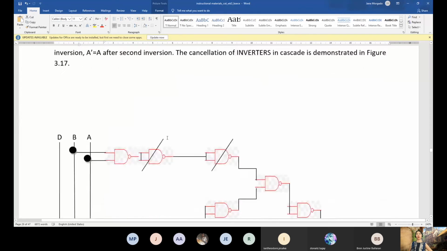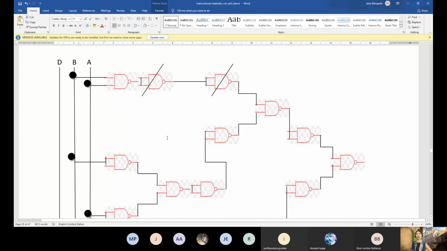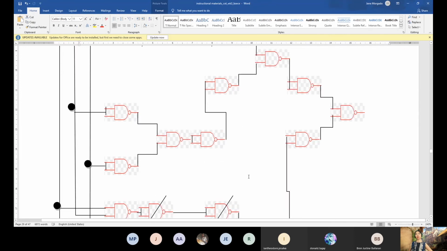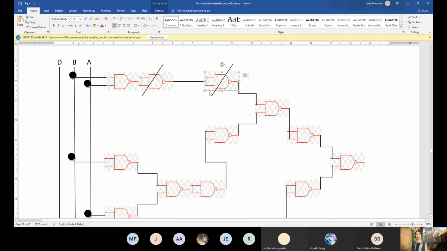So we have the cancellations here. Inverters in cascade, so cancel. Actually, this one also. I think I overlooked this one. Both inputs are tied up.